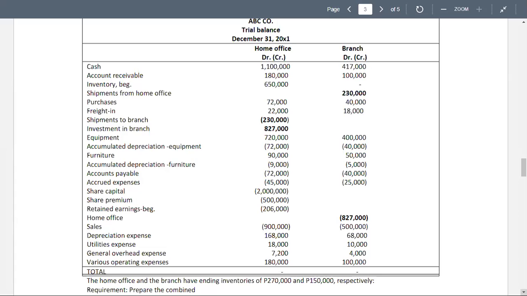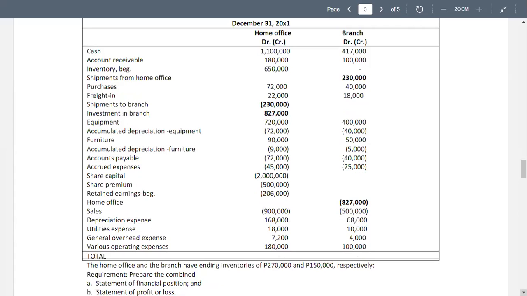Then we go to elimination entry B. Now we have to eliminate these accounts. In the books of the home office, we have the account shipments to branch. It's a credit here. And in the books of the branch, we have the account shipments from home office in the amount of 230,000. One is a debit, the other one is a credit. The debit is shipments from home office.